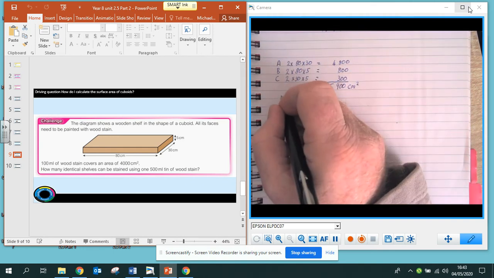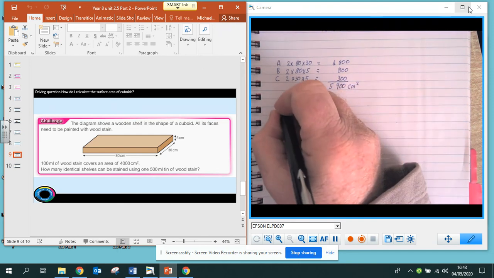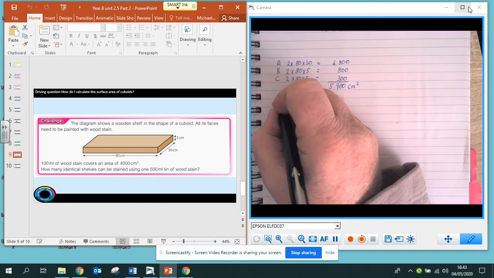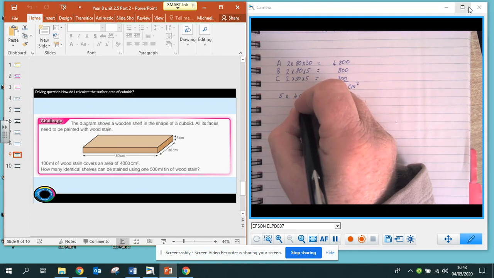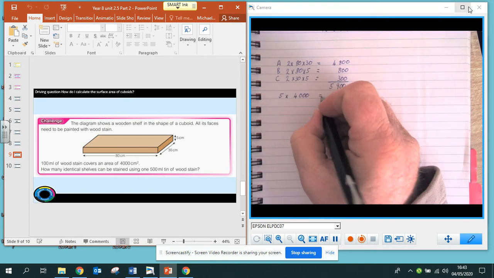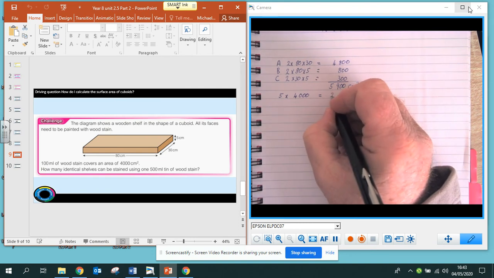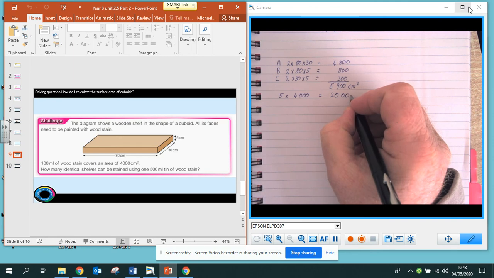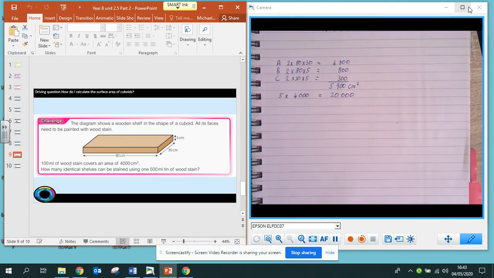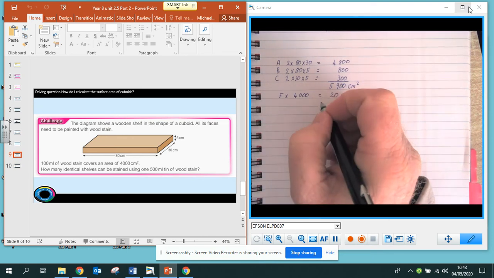So the first thing I've got to do is a quick calculation of 5 times 4,000. 5 times 4,000 is 20,000. So altogether, that half litre of paint will cover 20,000 square centimetres. Sorry, the 500 millilitres of paint will cover 20,000 square centimetres.